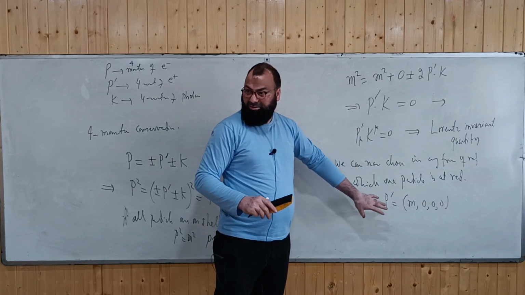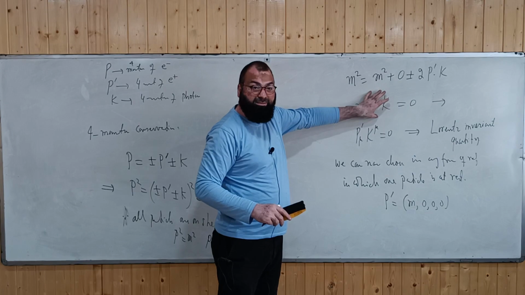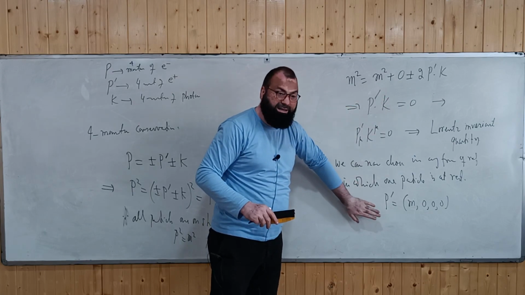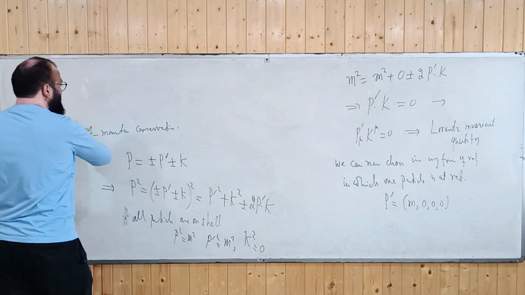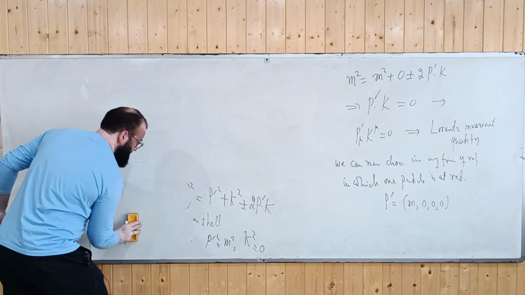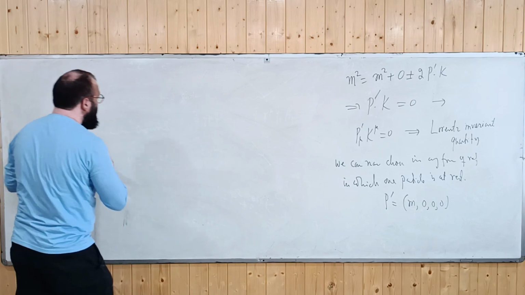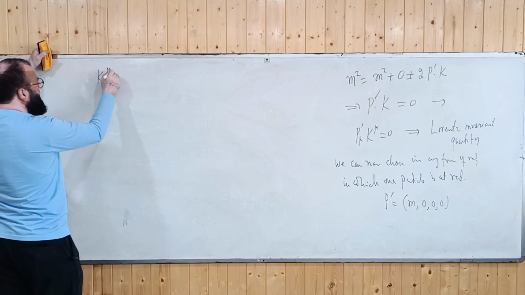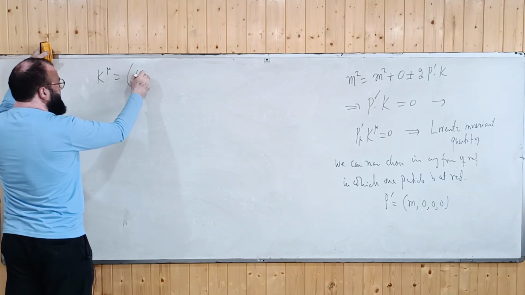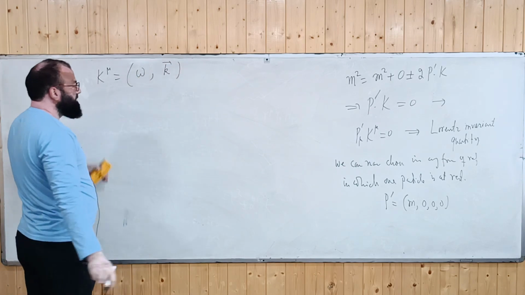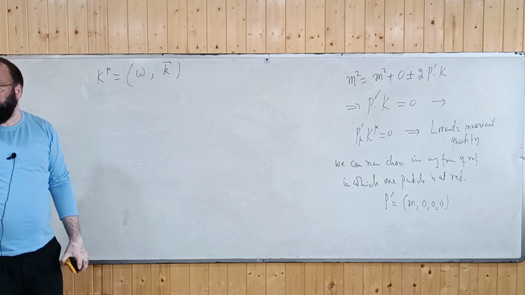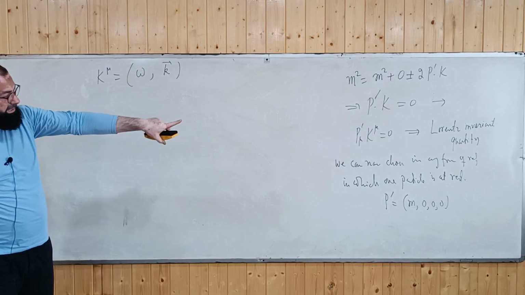When I am saying this is independent of frame of reference, it should be satisfied here. So what is our k mu? k mu is the four-momentum of the photon. So it is something like the energy of the photon, let's call that omega, and the momentum corresponding to the photon. Clear?